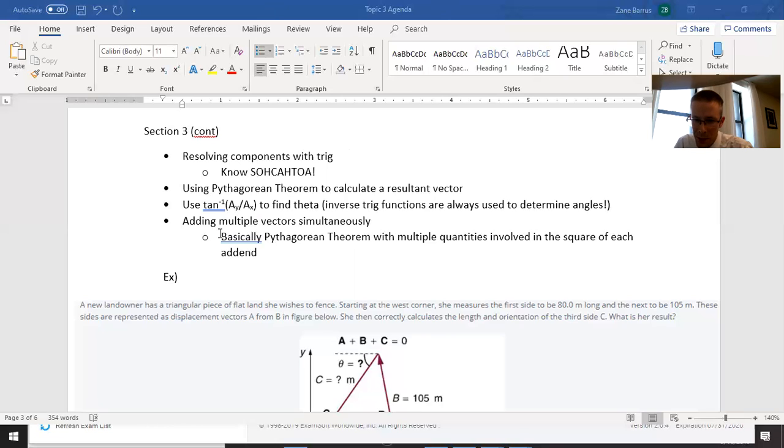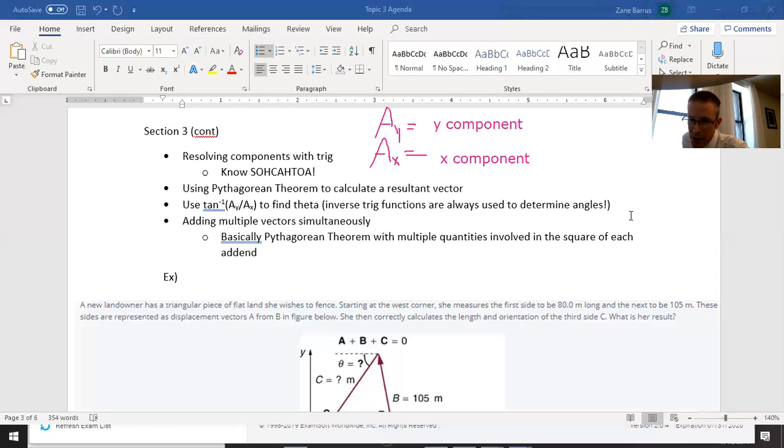Now, just to give you some clarity here, a sub y is your y component. A sub x is your x component. Which were just those little legs of the triangles that we've been playing around with. Okay, so make sure you've got a calculator nearby. We're going to do an example in a moment, but you got to be comfortable with trig and your calculator and with inverse trig, as you can see from this formula.